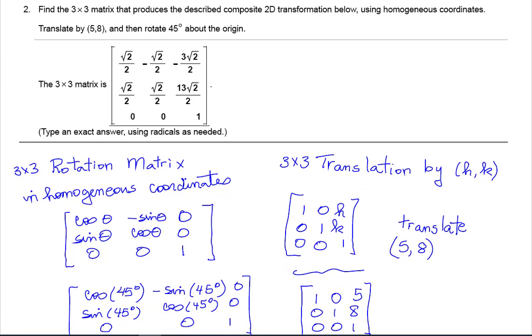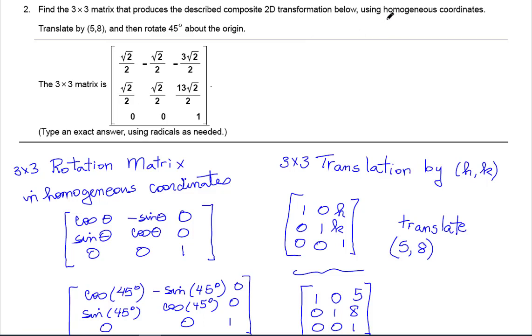Alright, in question 2, we'd like to find a 3 by 3 matrix that's going to do a composition of transformations. We'd like to translate all points in the plane by 5, 8, and then we'd like to rotate 45 degrees about the origin. There's a couple of things going on here.